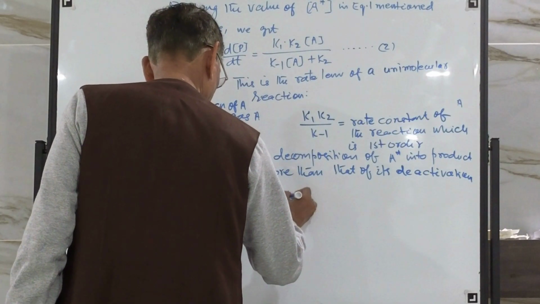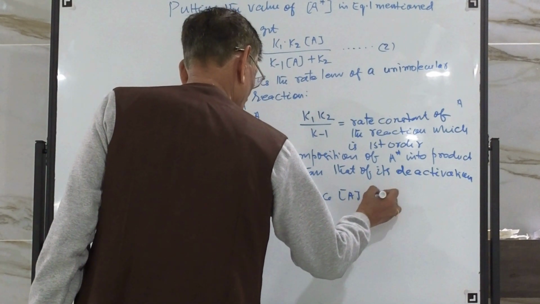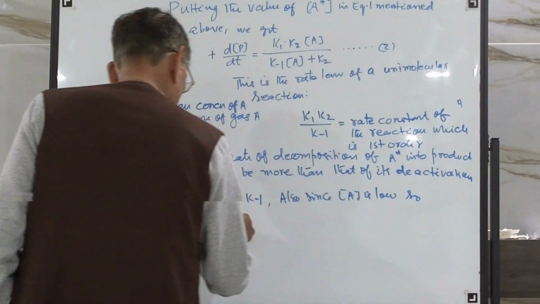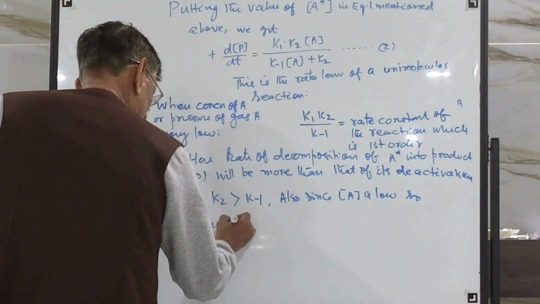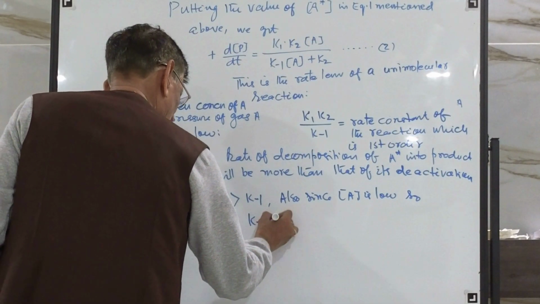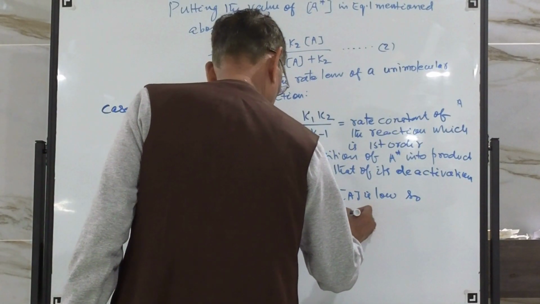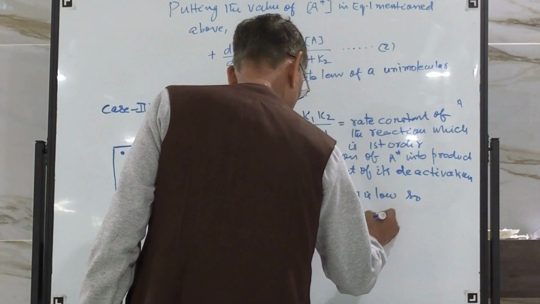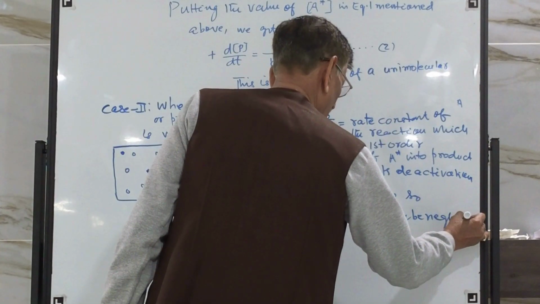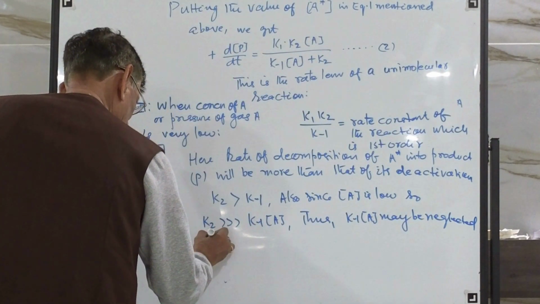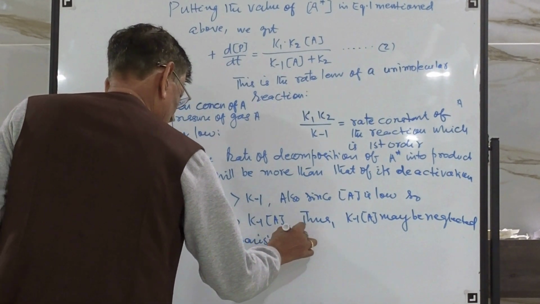Also, since the concentration of A is low, K2 will be far greater than K minus 1 A. Thus, K minus 1 A may be neglected in comparison to K2.